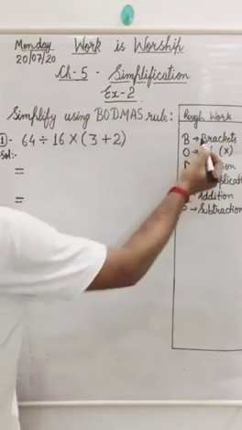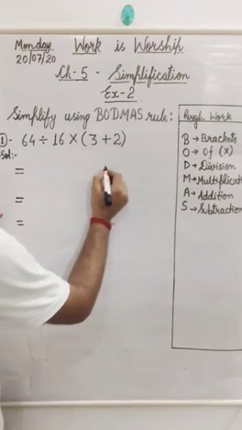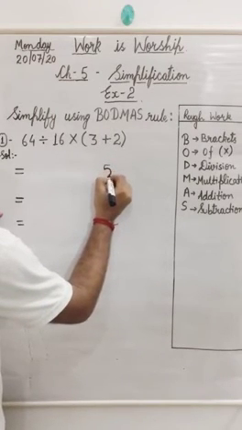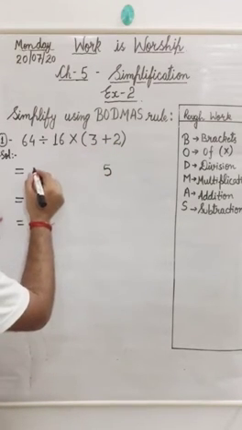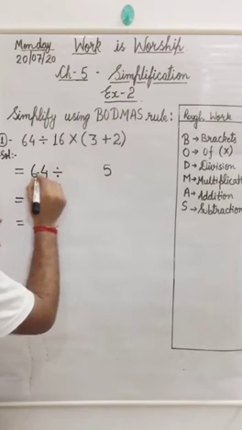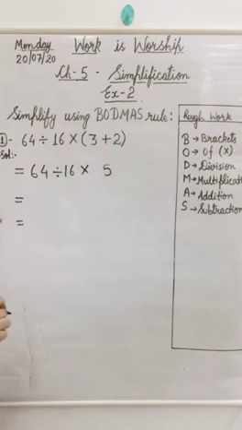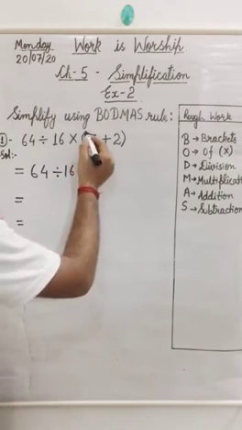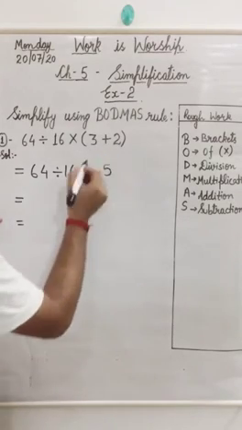So first we will solve 3 plus 2. Okay, so 3 plus 2 is 5. So we will write 5 there. Now we will write the rest of the problem as same as above. So 64 divided by 16 multiplied by 5. Okay, always remember, remove the bracket sign after solving the operation.